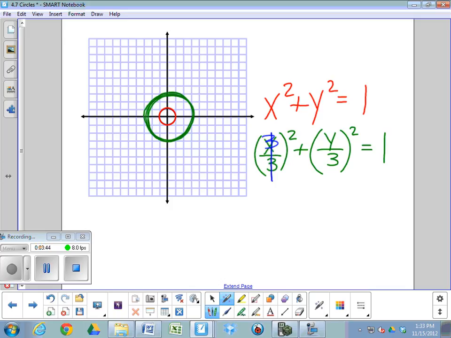Plus 0. 1 plus 0 makes 1. So now going around the circle, instead of 1, 0, 0, 1, it's now 3, 0, 0, 3, all the way around. And that's how you make the circle wider and wider. If you wanted the circle to have a radius of 6, you'd put a 6 down here in both spots. That's how you make the circle larger.